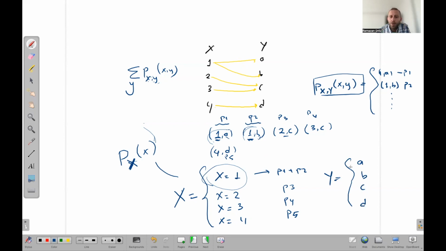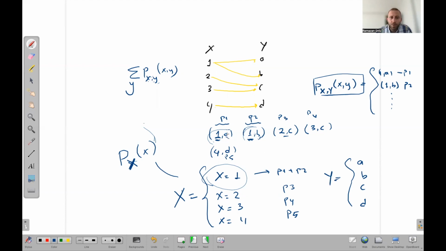If I can calculate the probability of y equal to a, y equal to b, y equal to c, and y equal to d, that is the PMF of y. How can I do that? Let's keep y equal to a and change the x values, so look for the possible x values.